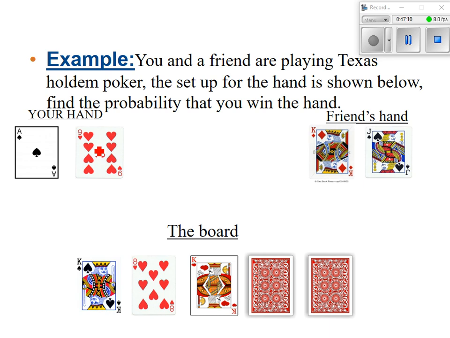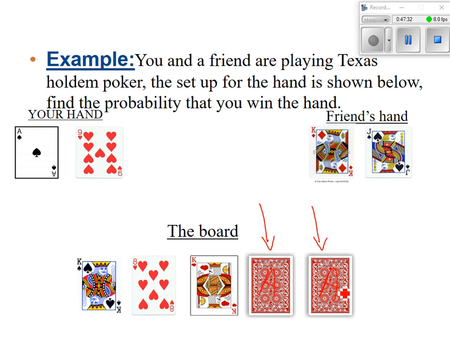Okay? What would have to come up here and here for you to win? 2 aces. So we want this to be an ace, and we want this to be an ace. If that happens, then you're going to win. If it doesn't happen, then your friend's going to win.